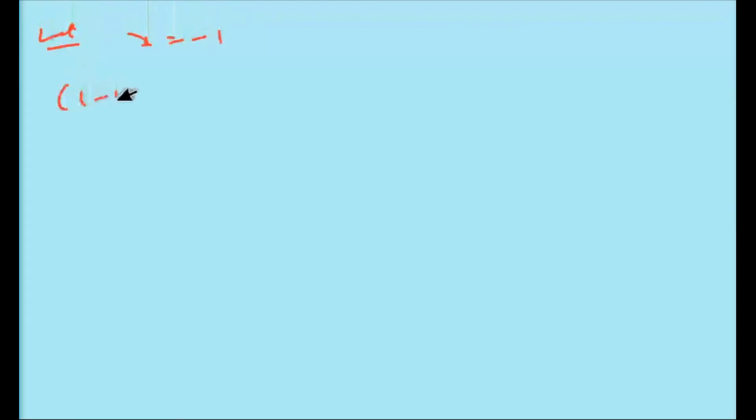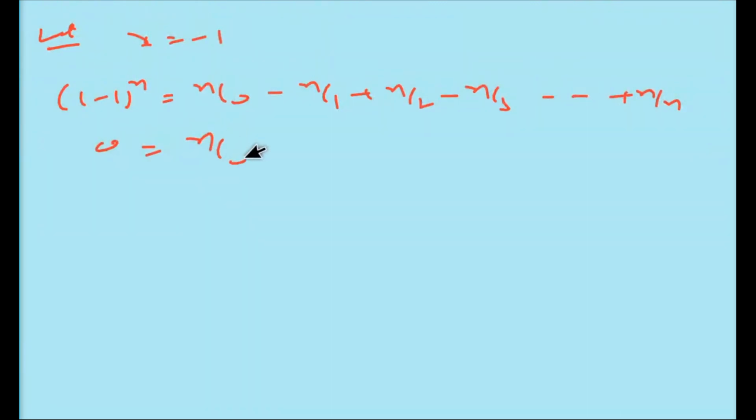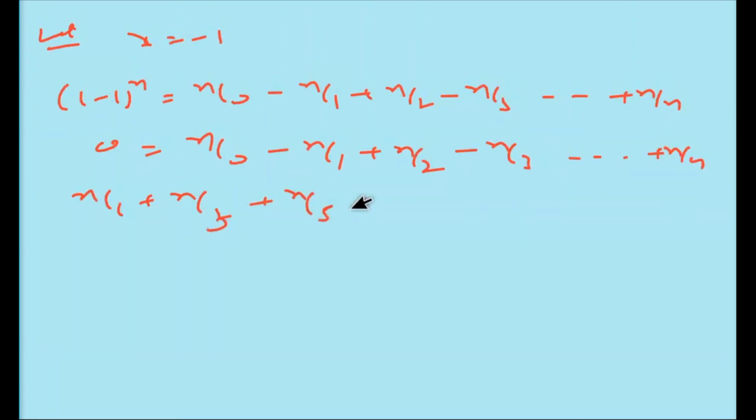So we get (1 minus 1) to the power n, nC0 minus nC1 plus nC2 minus nC3 and so on. Okay, it is 0. So we can say, if we put here this one, nC1 plus nC3 plus nC5 and so on equal to nC0 plus nC2 plus nC4 and so on.